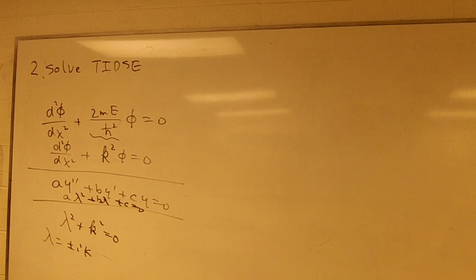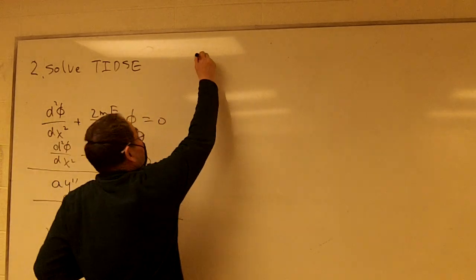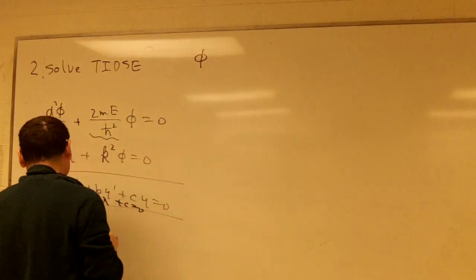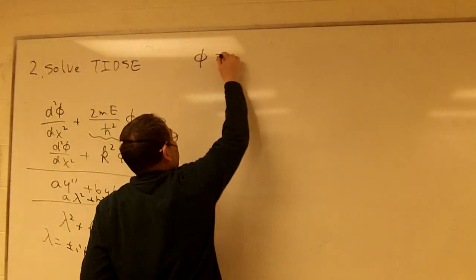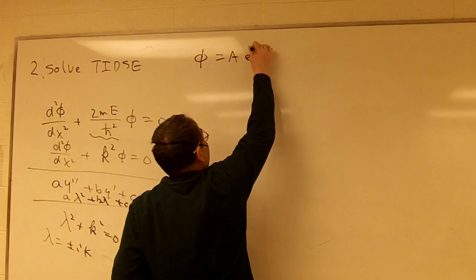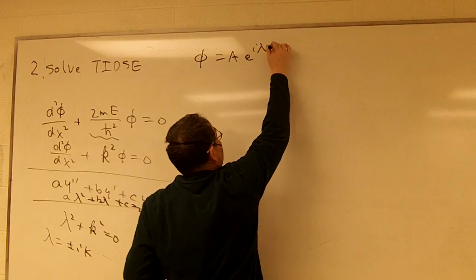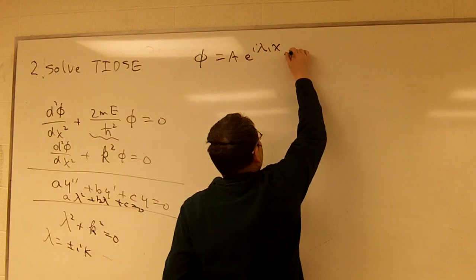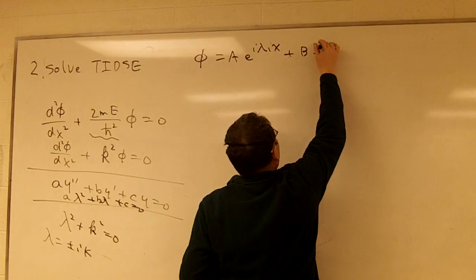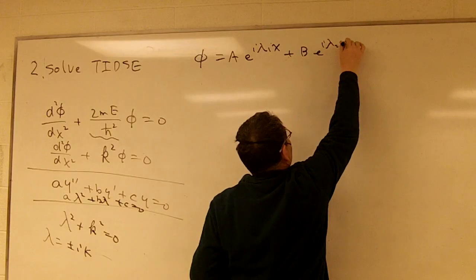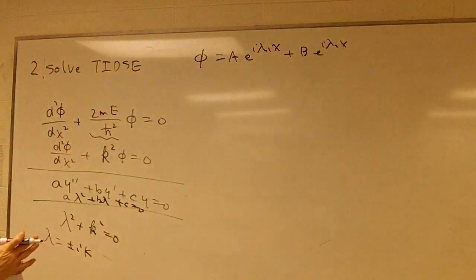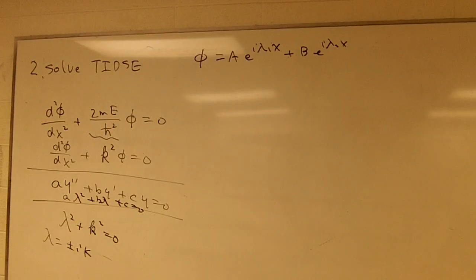That's what we'll get. And then the generic solution for our Schrödinger equation has two constants: a e to the i lambda 1 x plus b e to the i lambda 2 x. Doesn't matter whether we have any other properties, we always have this generic solution.